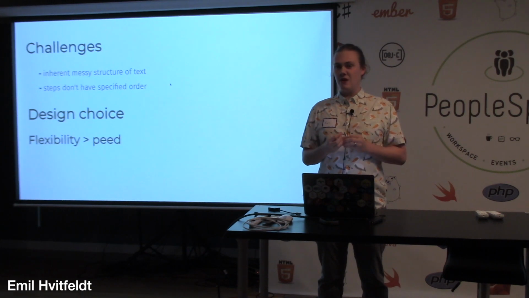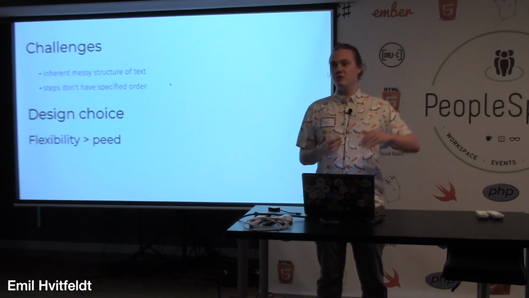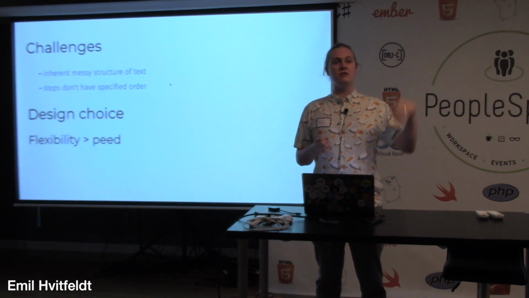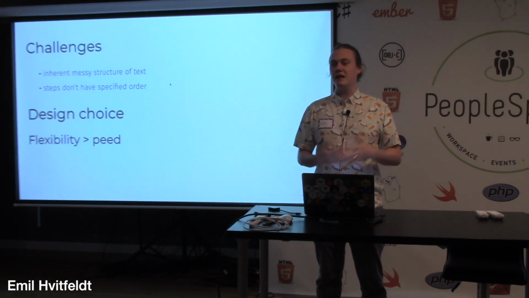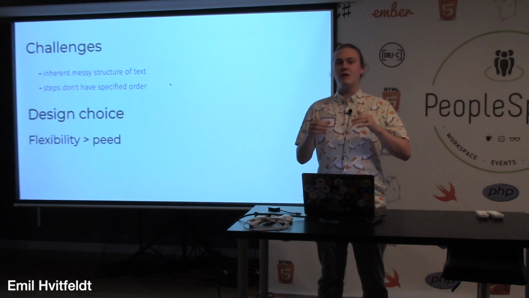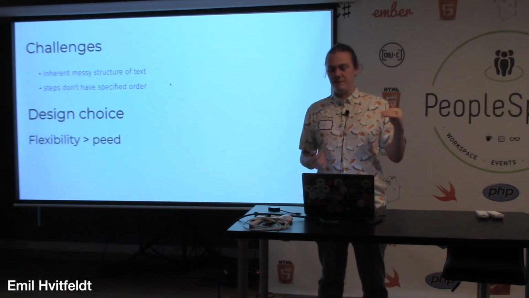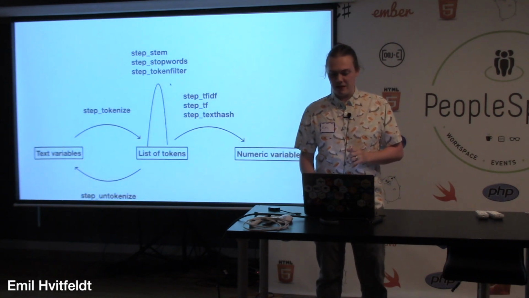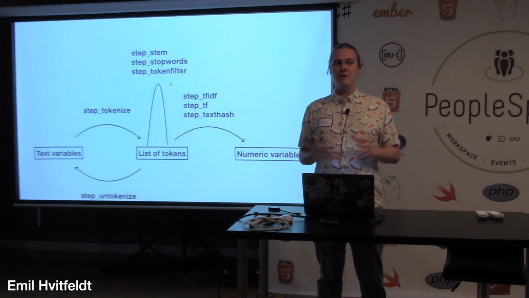And a lot of times in other implementations, a lot of these are bundled together. So you do tokenization, stemming, filtering, and there's no way to do tokenization, filtering, stemming, because it's all baked in. I wanted to allow you to do anything in any order you wanted, as long as the types match up. So this is the general flowchart I ended up with for the first version.